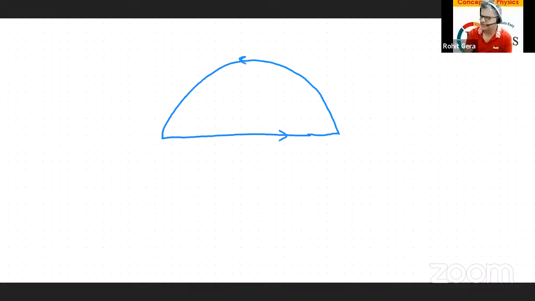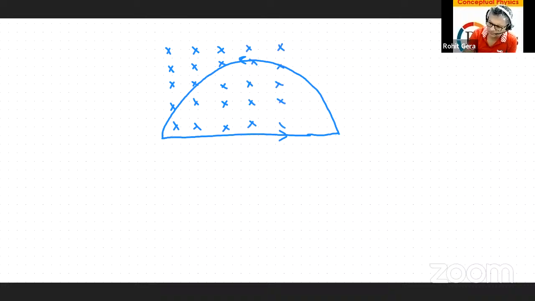The magnetic field is again B equal to 0.1 Tesla.